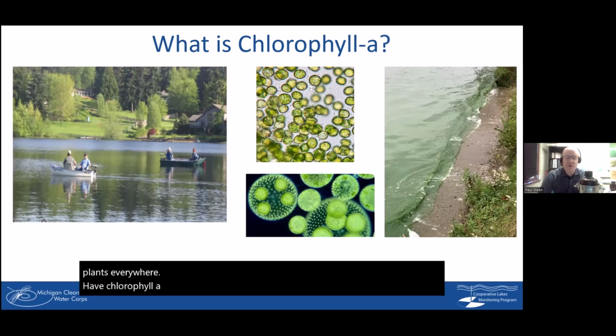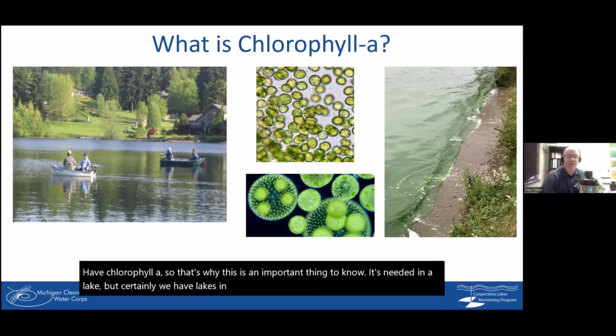So that's why this is an important thing to know. It's needed in a lake, but certainly we have lakes in Michigan that have too much algae. And where on that spectrum does your lake fall? Too little, too much, a happy medium?